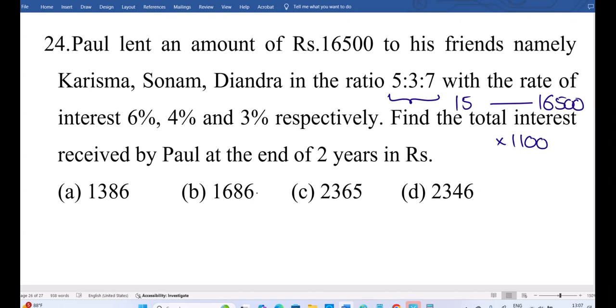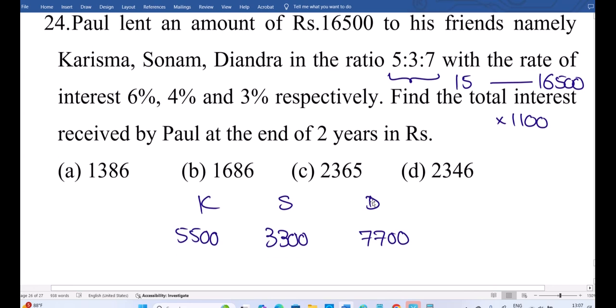Now, Karishma, how much amount? Sonam, how much amount? Dayandar, how much amount? 5 into 1100, 5500. This is 3300. This is 7 into 1100, 7700. Total 16,500.